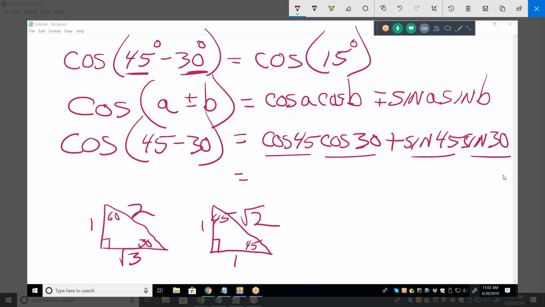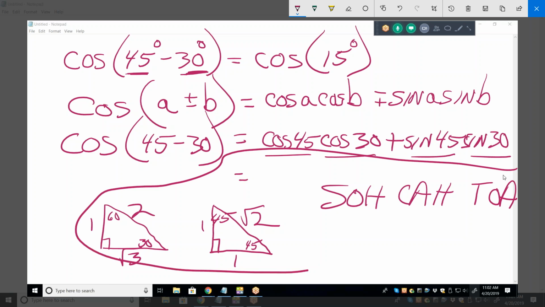Along with SOH CAH TOA. Memorize that. You cannot go further in trig unless you memorize that. And by memorizing the triangles, I mean memorizing the dimensions mainly. The 1, the root 3, and the 2.